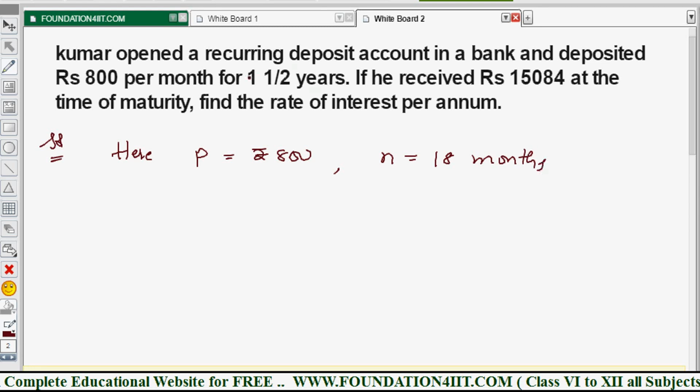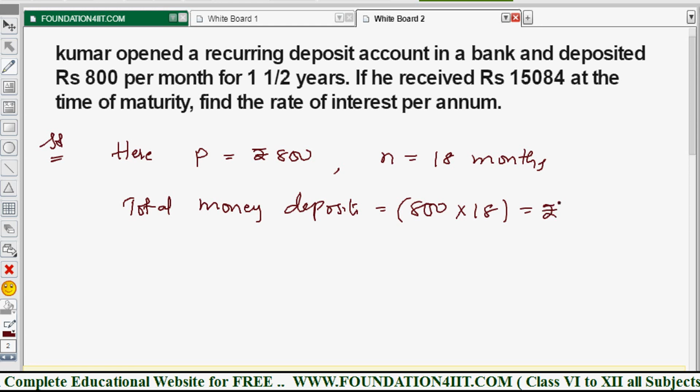And the total money deposited is nothing but every month amount 800 into the number of months 18. 800 into 18 is the total money deposited, because you need to find out the simple interest also. So the total money deposited throughout these 18 months is 800 every month into 18 months.